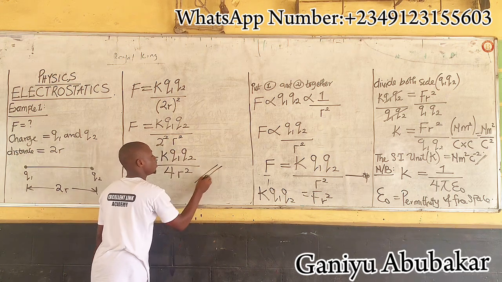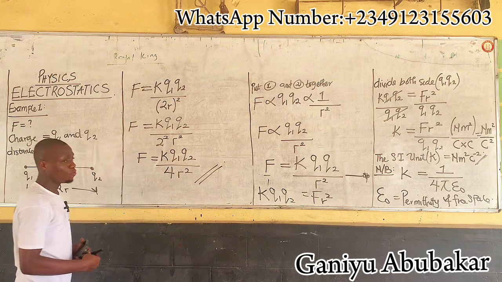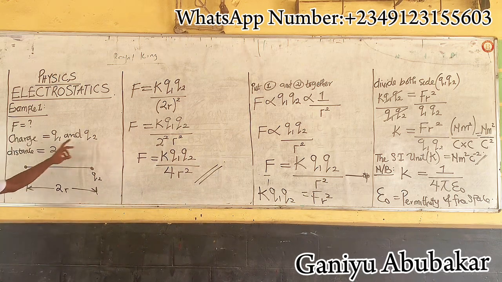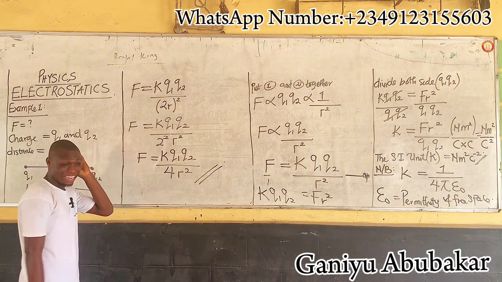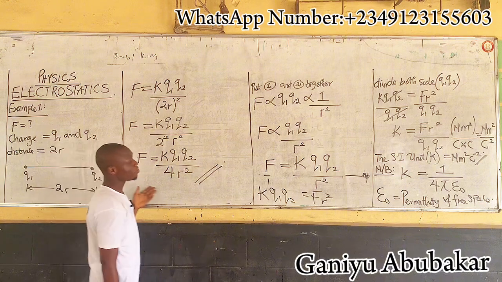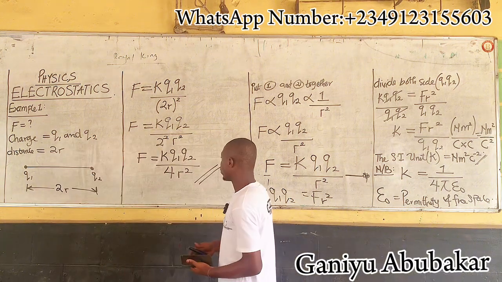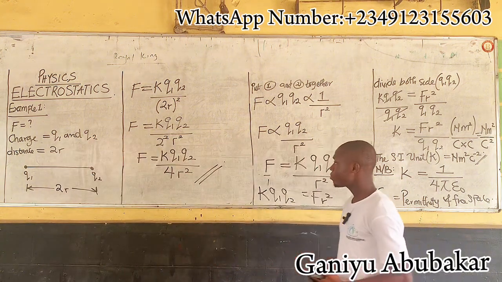This is the force of attraction we are asked to look for when we have two charges Q1 and Q2 and the distance separating them is 2r. This becomes your formula in that case. So this is how to solve this particular problem.